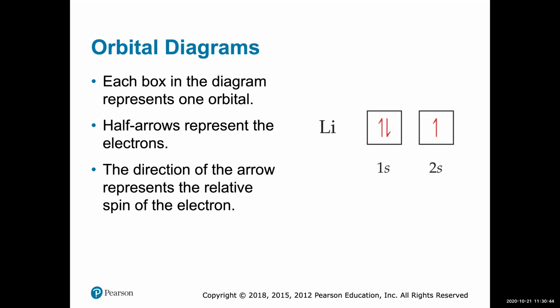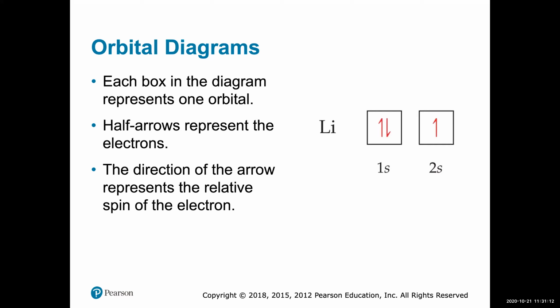So when we write stuff out like this, here we have lithium, which has 3 electrons. Each of those boxes represents an orbital. The first box represents 1s, the second box represents 2s. To reflect the electrons present at each of those levels, we use this half-arrow convention.